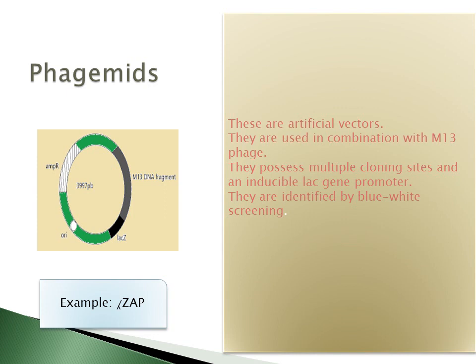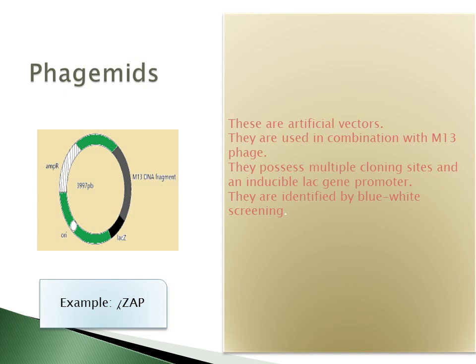So the main application of a vector is that the vector is a carrier molecule, as we know already, and these vectors are highly essential for cloning, but they are designed specially for cloning alone, with certain protein expressions and capable of replicating in the host.